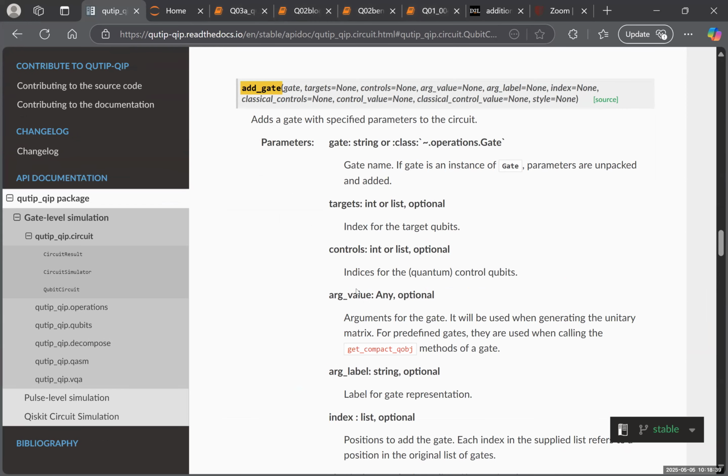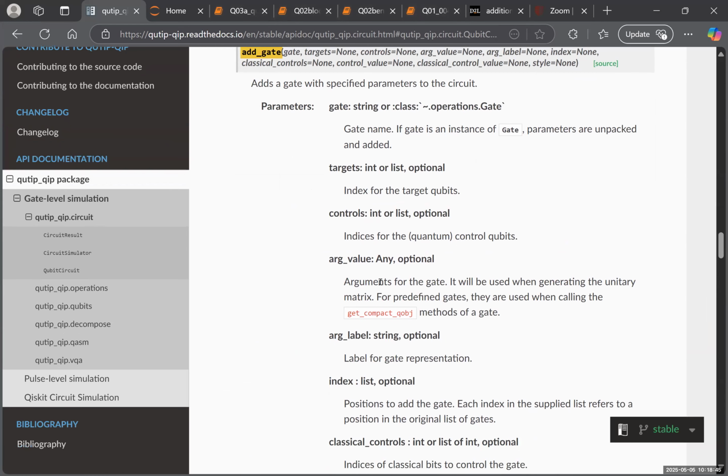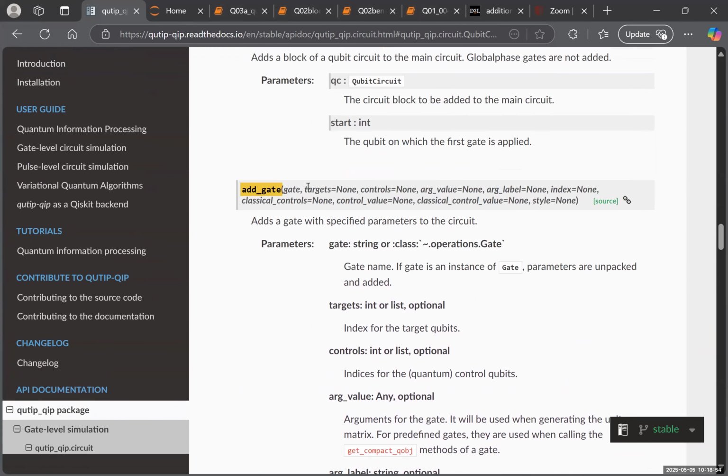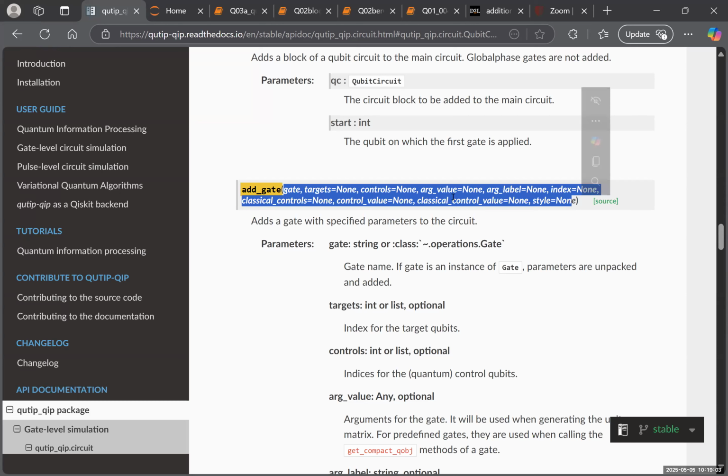Okay, maybe here you will have an arg value, any operation. Yeah, so this is what we're looking for. Maybe if any of you dig more into that, you will find the solution.